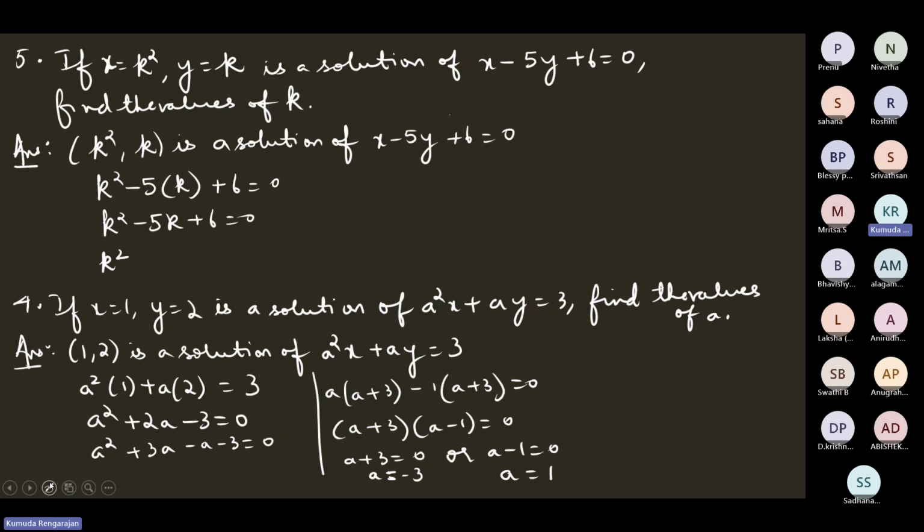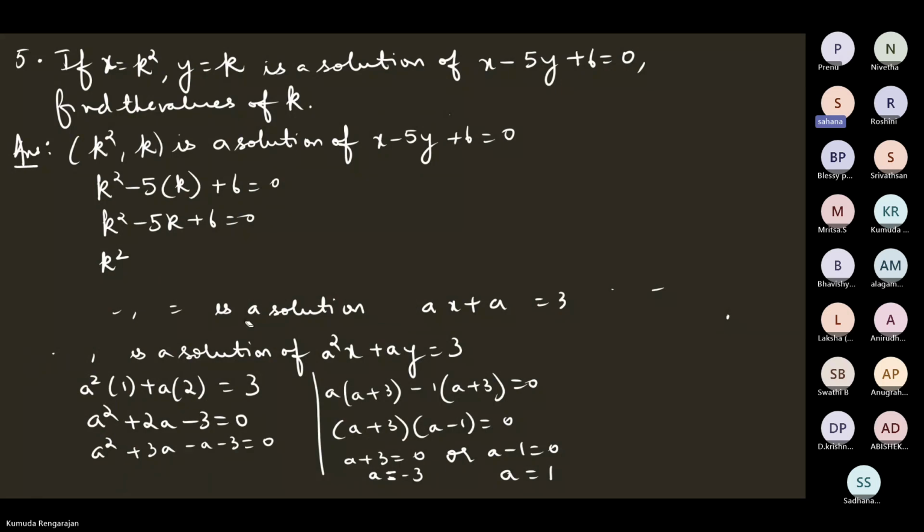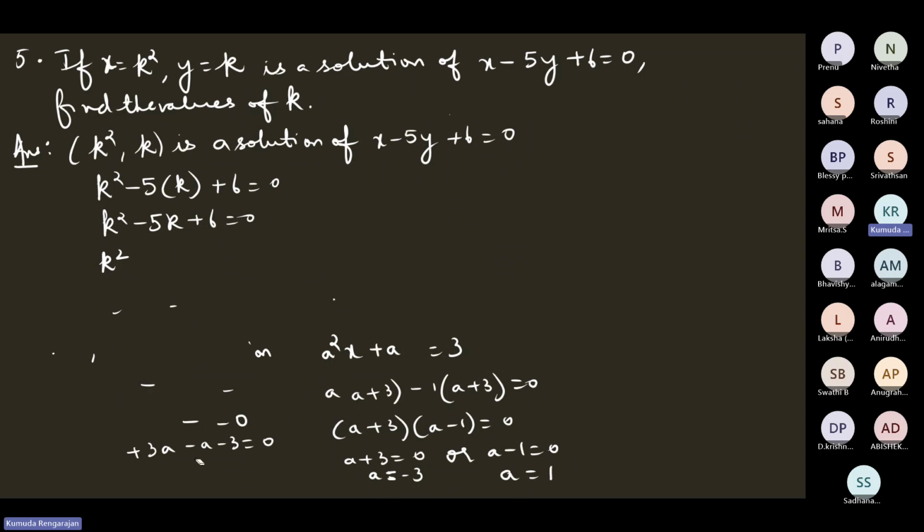How do you split the middle term for this one? Ma'am, minus 2k minus 3k, ma'am. Minus 2k minus 3k. Very good, Sahana.